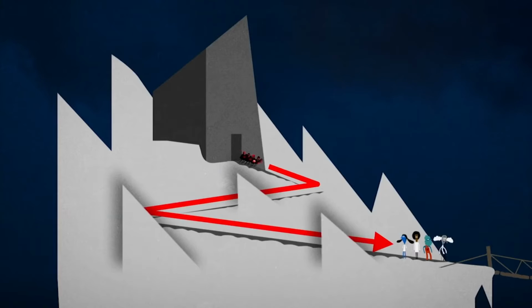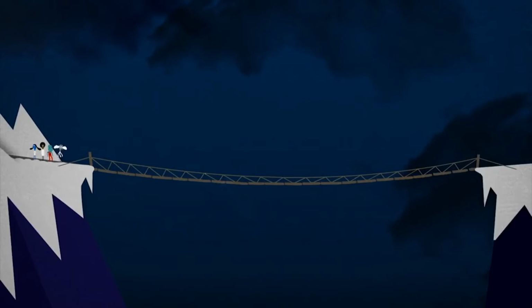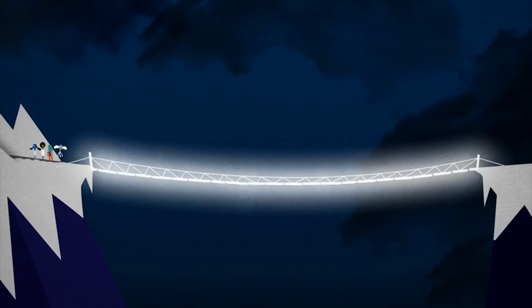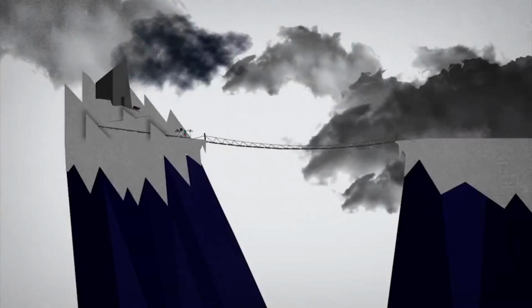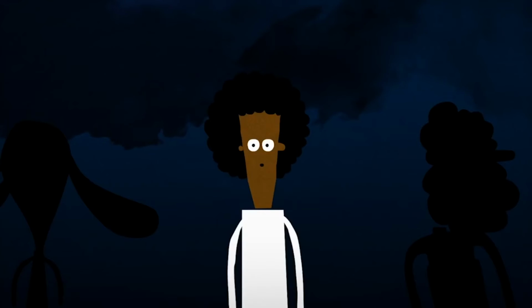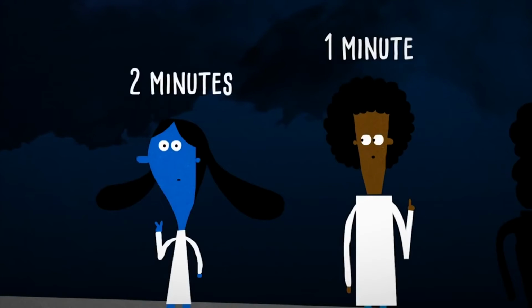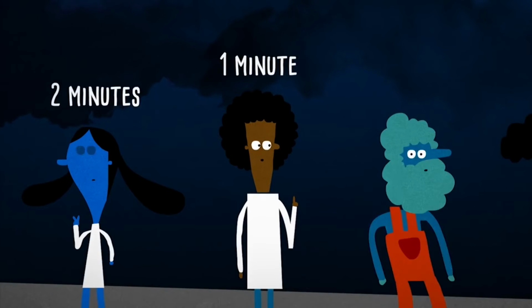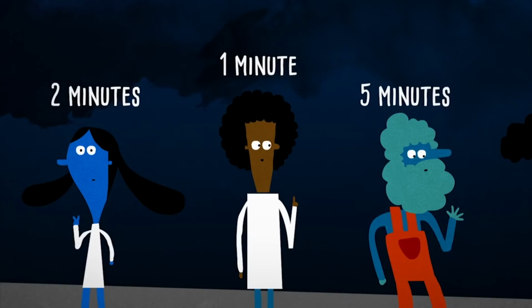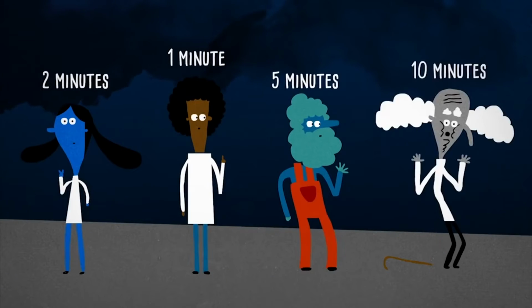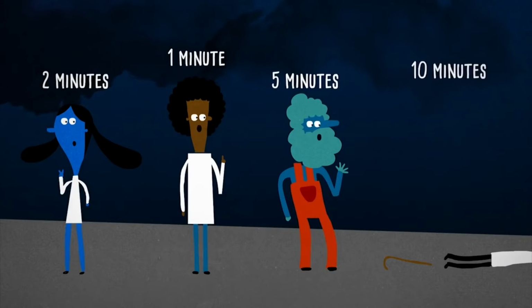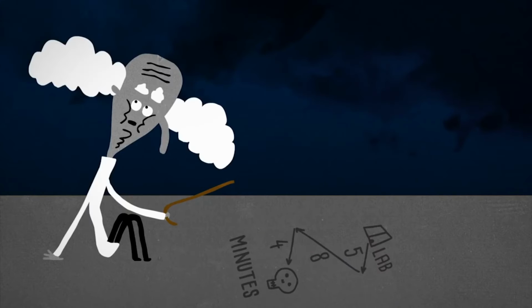You've gotten a head start, but there's only one way to safety. Across an old rope bridge spanning a massive gorge. You can dash across in a minute, while the lab assistant takes 2 minutes. The janitor is a bit slower and needs 5 minutes, and the professor takes a whole 10 minutes, holding onto the ropes every step of the way.